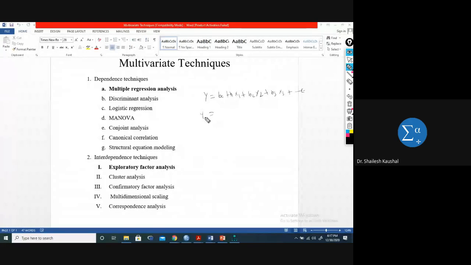Second, y2 = b0 + b1x1 + b2x2 + b3x3, and another y3 = b0 + b1x1 + b2x2 + b3x3, and so on.